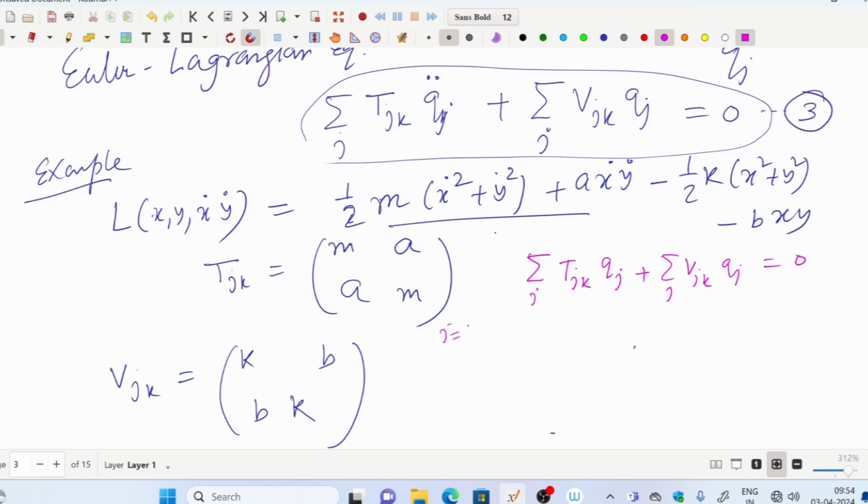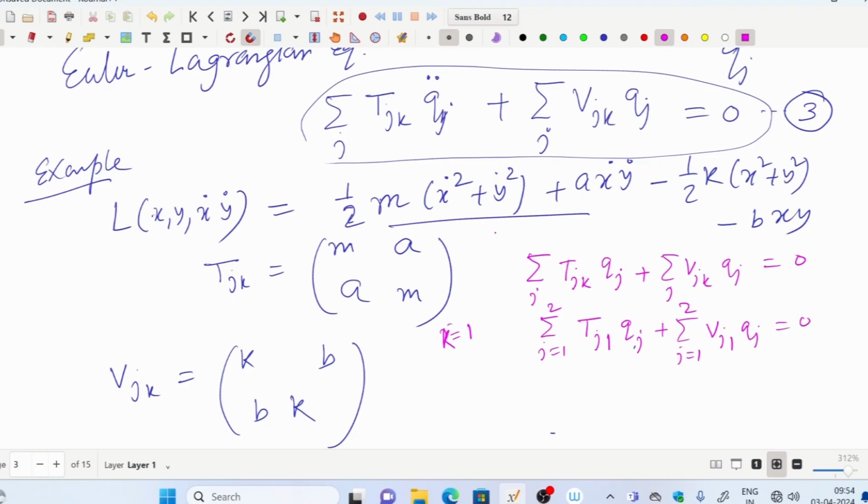Now say k equal to 1. So the sum over j is 1 and 2, T_j1 q_j double dot, plus the sum over j equal to 1 to 2 of V_j1 q_j equal to 0.